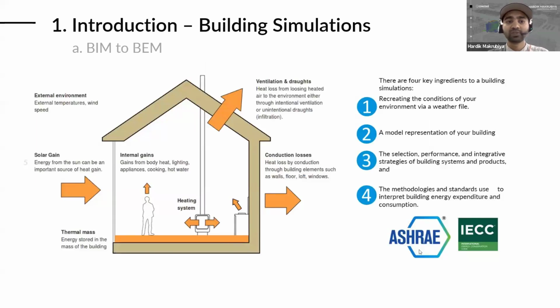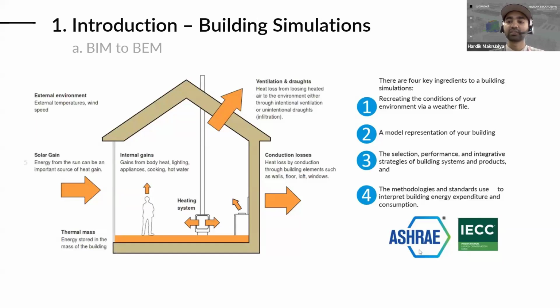So, for building simulations from BIM to BEM, which is building energy modeling, the four key ingredients that we require for simulations are, first, recreating the conditions of the weather file. That is all coming from your project location, and based on your project location, we'll be getting your weather file data. Then we'll require your model representation of your building, of your geometry.